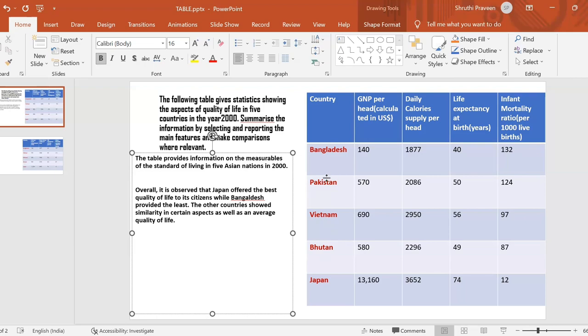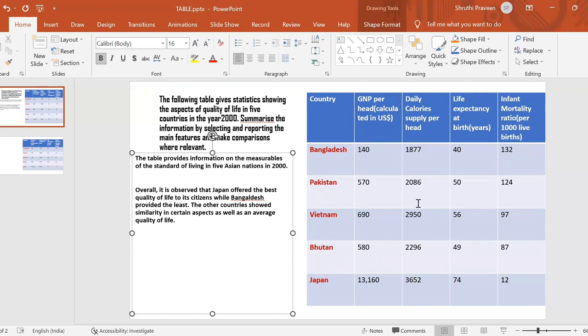You can take any country or any combination of your choice. But then there isn't a single way of doing it. Multiple ways are there to write a table task. But here I'm going to club Pakistan, Vietnam and Bhutan together. And because I'm going to club the similar points, like 570, 580 is very similar in the GNP.